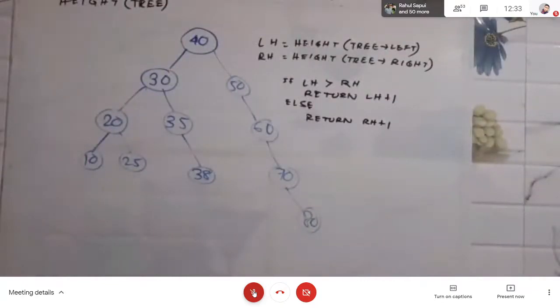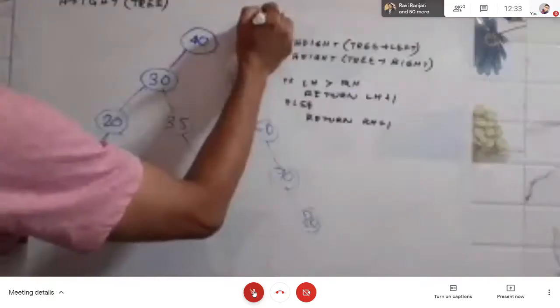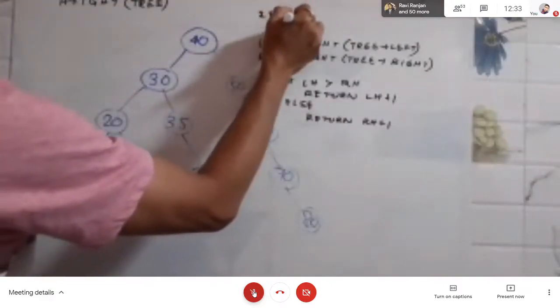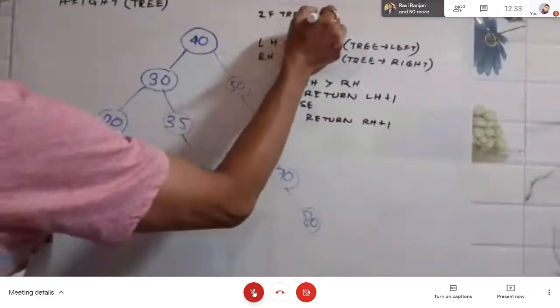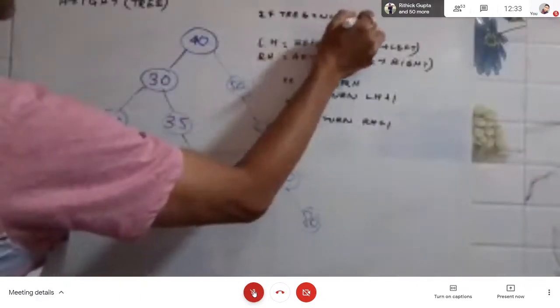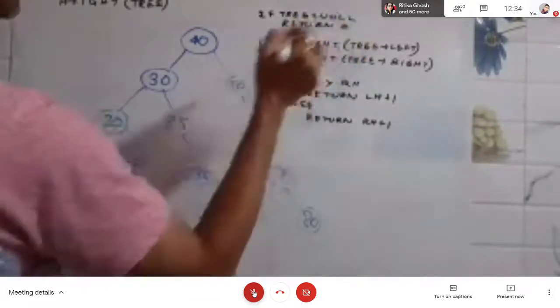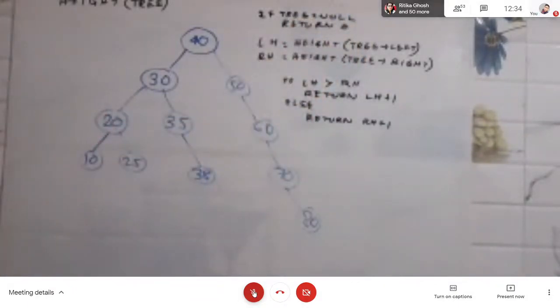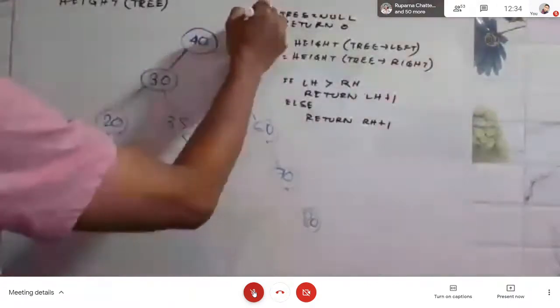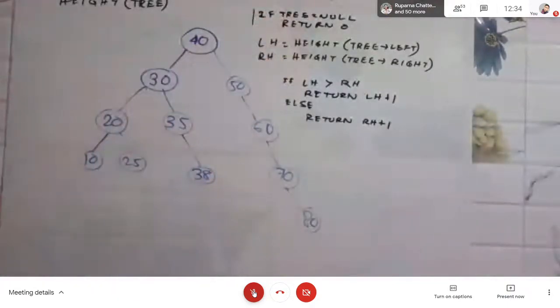And else if tree যদি null হয়, তার আগে যেটা আছে যে if tree equal to null, then we are returning 0. It is also important, return 0. So these are the three parts. So first we will have to check whether tree is null. If tree is null, then we are returning 0.